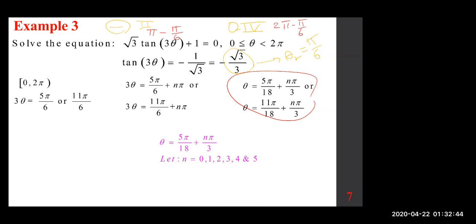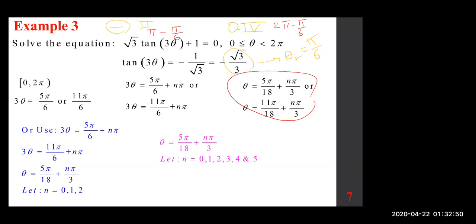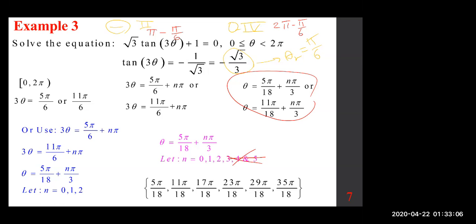If you go this route, 5 pi, and you plug in 0, 1, 2, you get all the answers. I want to make sure that everybody knows what we're talking about here. I want to explain to you why 0, 1, 2, and why do we stop at that.